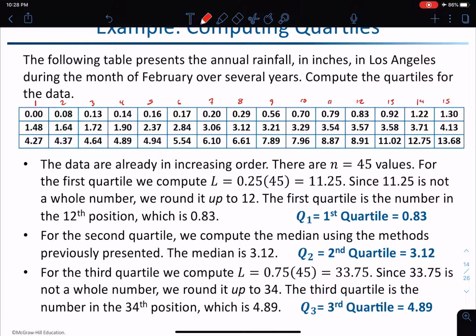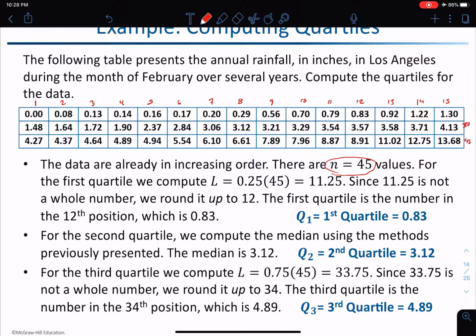That means 15 and 15, that one's going to be 30, and then that's going to be 45, right? So we know that we have 45 pieces of data. That's your n value. So the data is already in increasing order, that's great. There are 45, so n equals 45. There's 45 pieces of data.